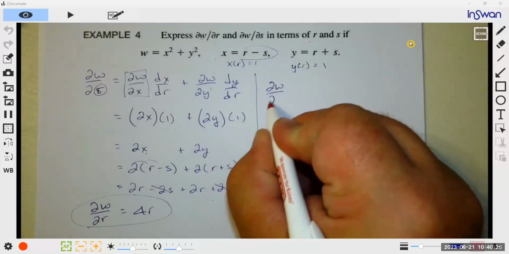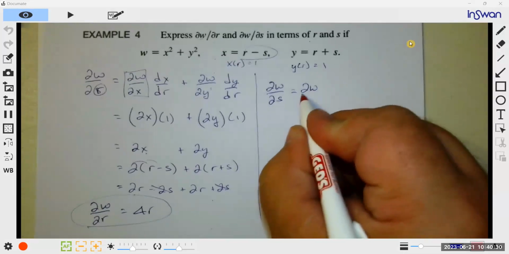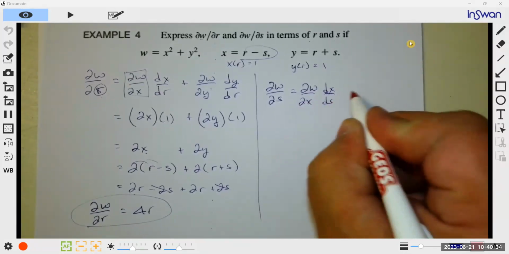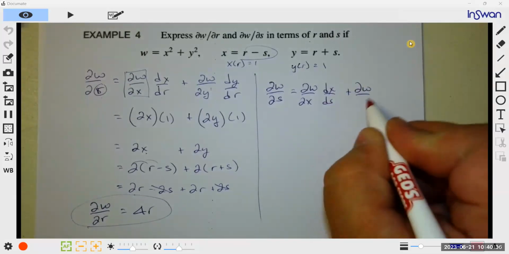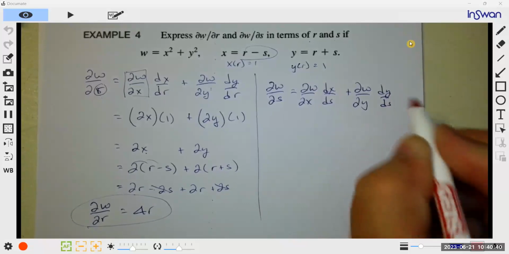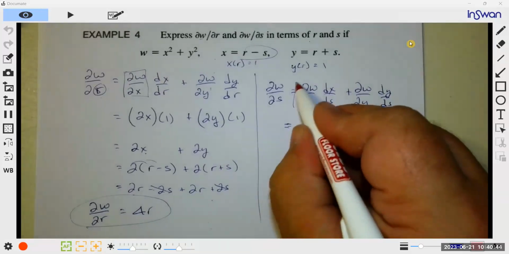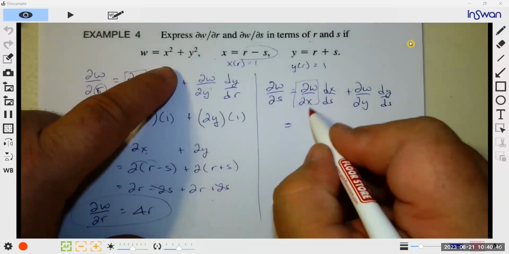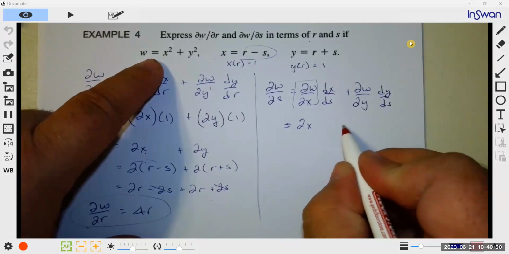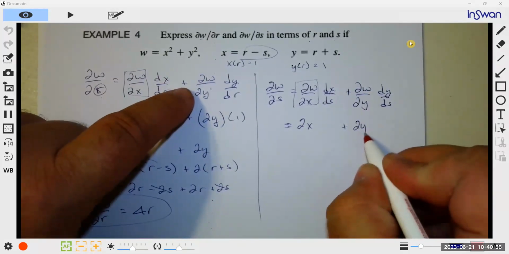Partial of W with respect to S. So partial of W with respect to X, dx ds, partial with Y, dy ds. So the first one, this function with respect to X, which is 2x, this function with respect to Y is 2y.